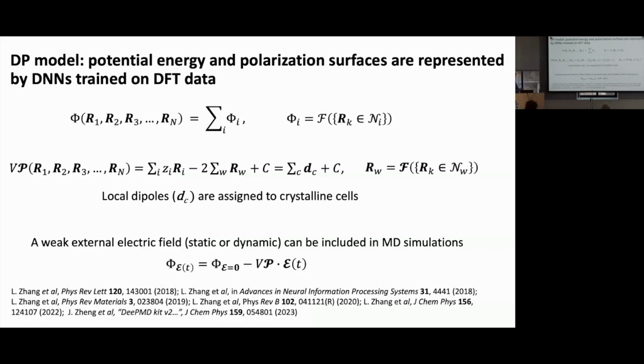Now, with this approach, since we know the polarization dependence on the atomic coordinates, we can also easily include in the simulation the effect of a weak applied external field that can be static or dynamic according to this formula. And if the field is weak enough that linear response theory is valid, the polarization that we obtain in absence of the field will be good enough for our study.